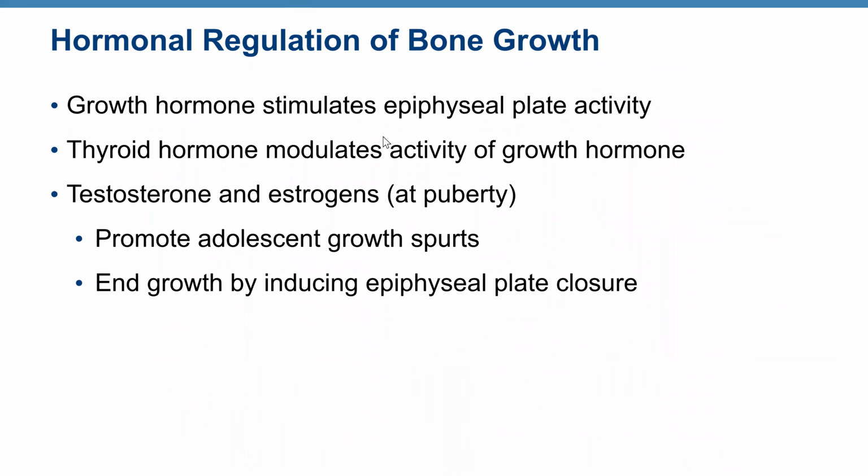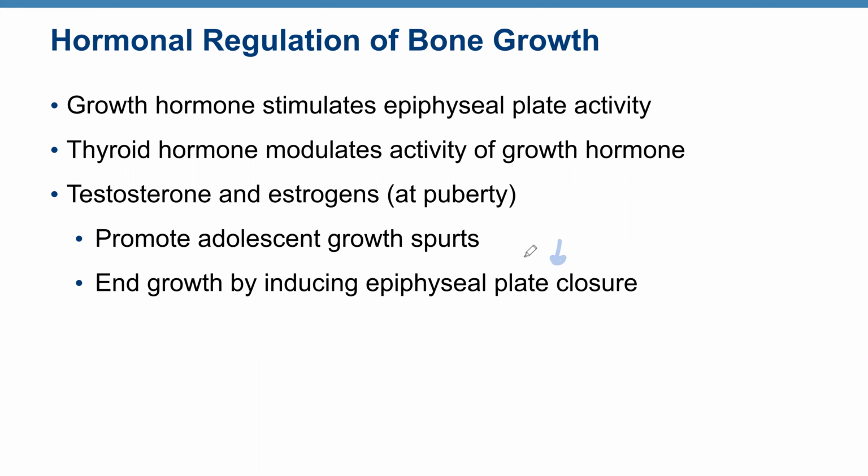Now, how the growth of bone is regulated. Growth hormones stimulate epiphyseal plate activity. That growth hormone is released by your pituitary gland that is located in your cranial cavity. Then you have a thyroid hormone that modulates activity of growth hormone, and we have testosterone and estrogen at puberty that promote adolescent growth spurts and also end growth by inducing epiphyseal plate closure.